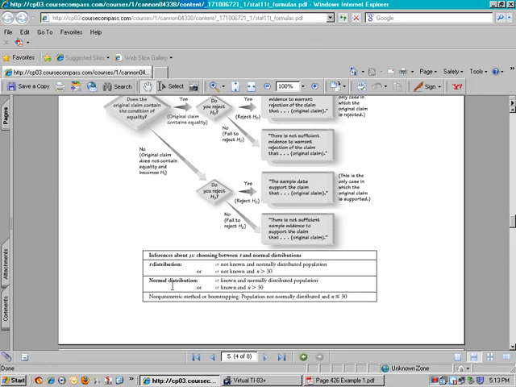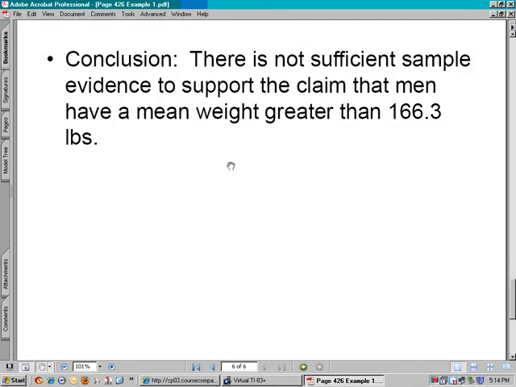If we were going to use a Z, the standard deviation of the population would be known and it'd be normally distributed, or the standard deviation is known and n is greater than 30. So that's a summary of that, if that helps you. We have a final conclusion here drawn from following the steps. This should help you when you're working with problems testing a claim about a mean when the standard deviation is unknown.